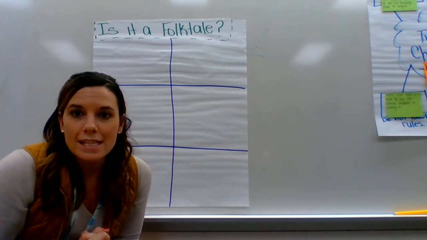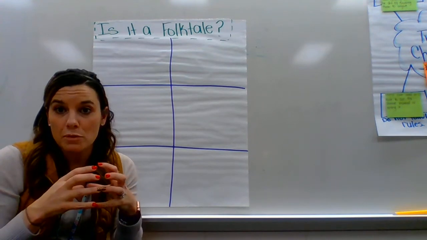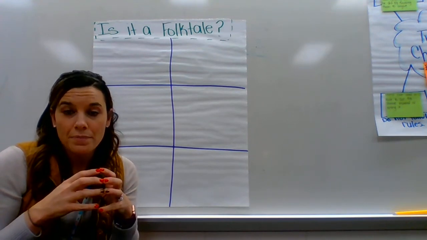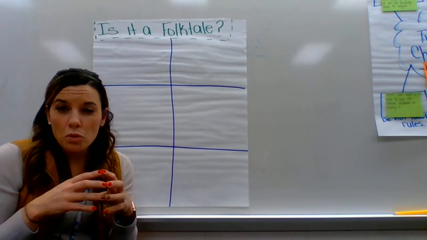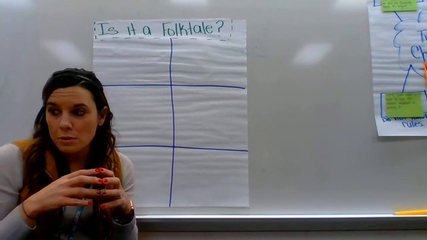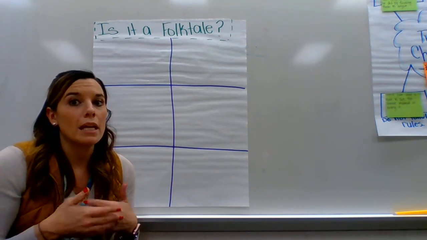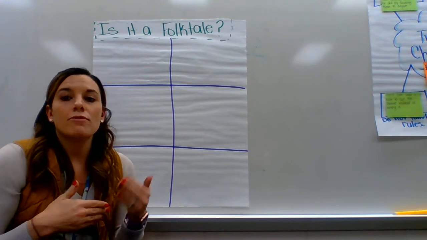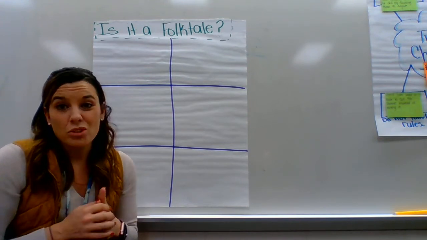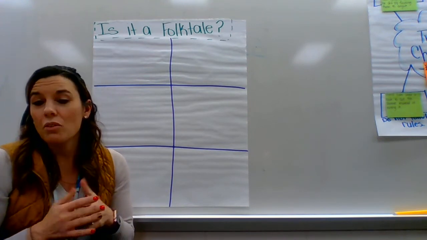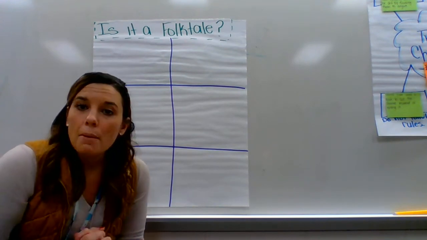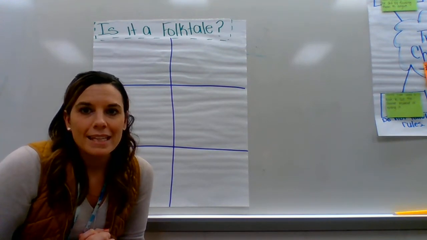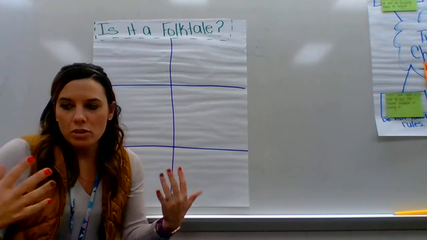Folk tales is a genre, which means it's a type of text, okay? A folk tale is usually a story that has been told for many, many years. And in a folk tale, we usually have a tricky character, okay? And there's usually a moral or a lesson at the end of the folk tales that we read.